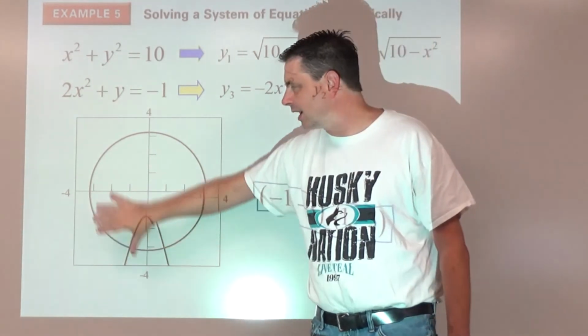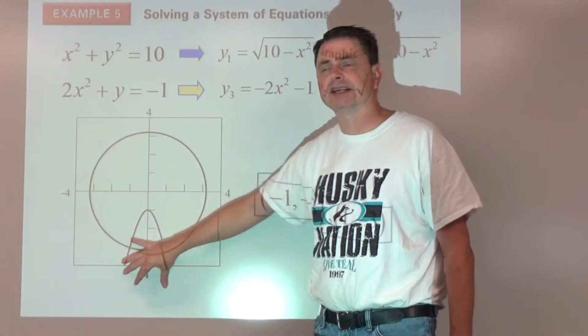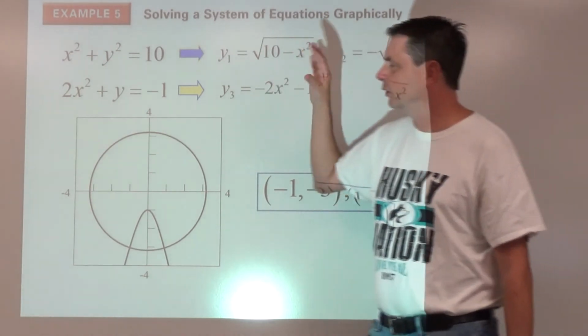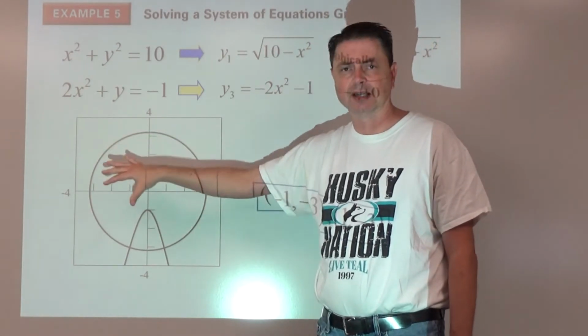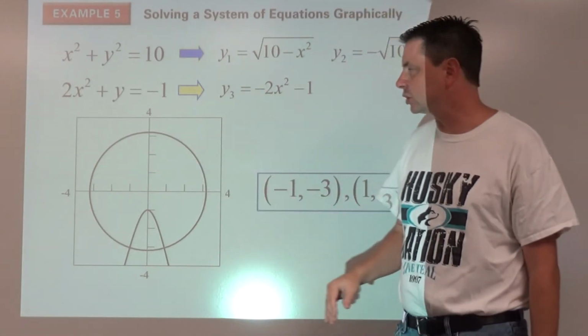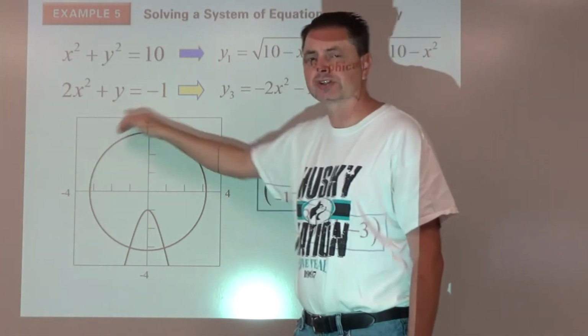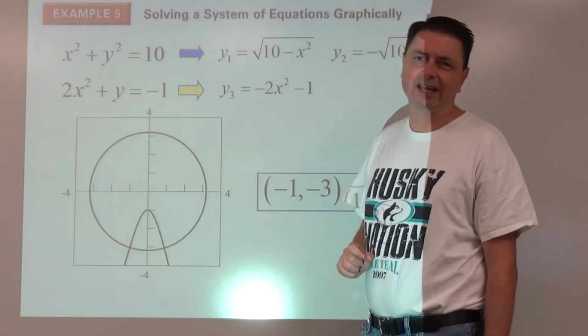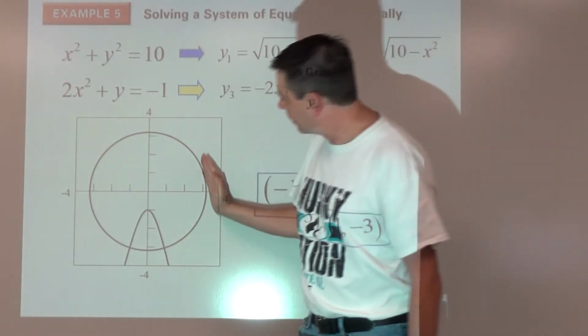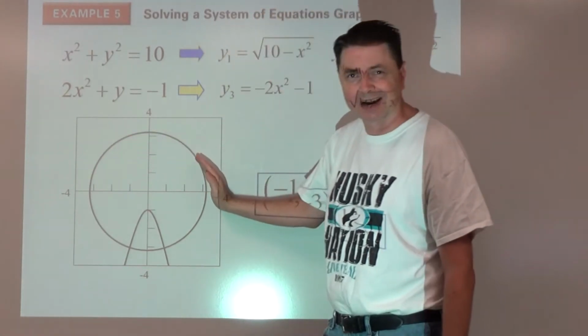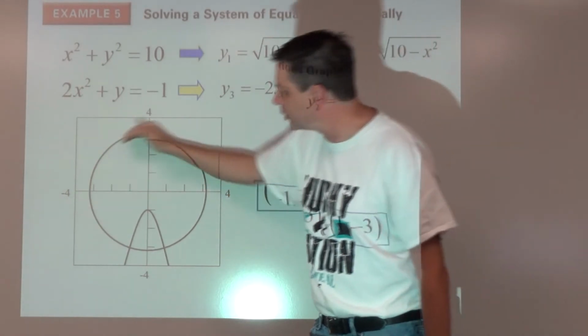Now, as far as finding the solutions, again, if we go through and calculate intersection, it's going to ask you, is this your first curve? And you want to say no on that, because remember, that's the semicircle. That's not where our intersections are happening, the top part here.